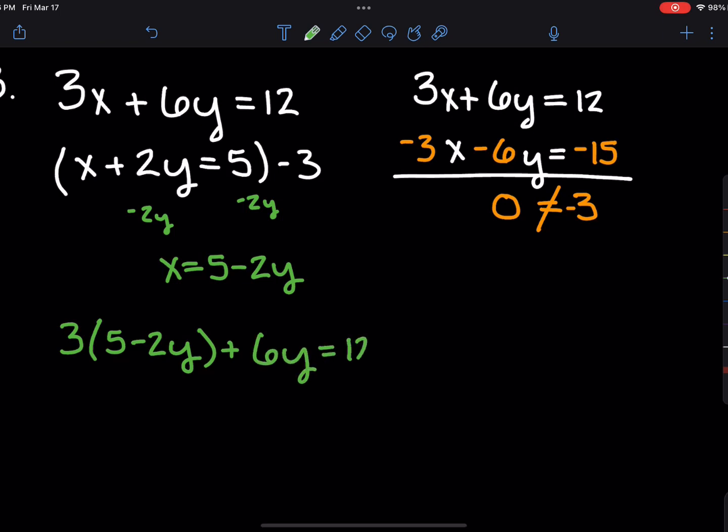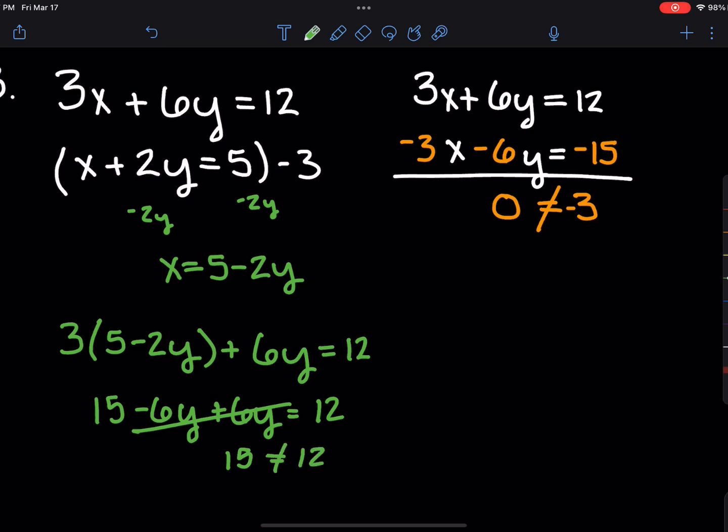But that isn't going to work either, because you get the 15, but then you get minus 6y and plus 6y, which cancel out to make 0, meaning that 15 equals 12, which is also not true.